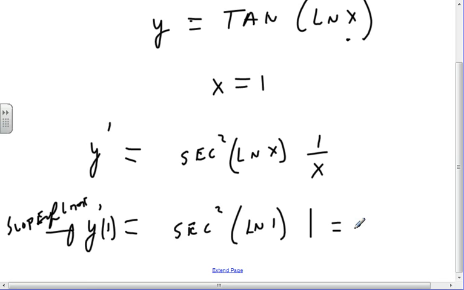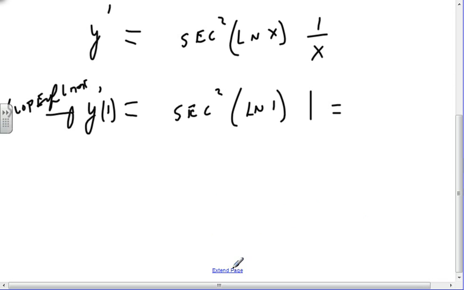The natural log of 1 is 0, and the secant looks like that. So the secant is 1 at 0. I square it, it's 1. The whole thing is 1. All right, so the slope of my line is 1.